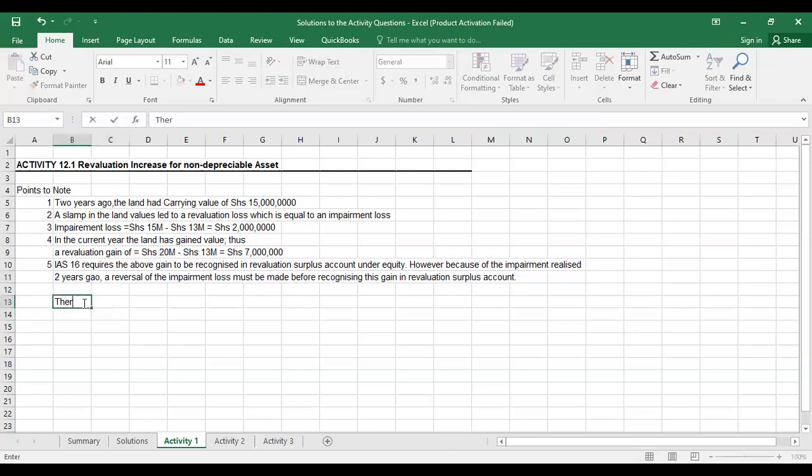Therefore, the accounting entries will be as follows.